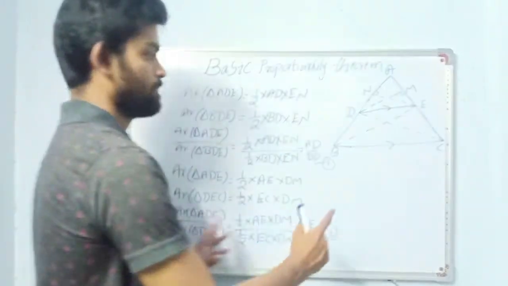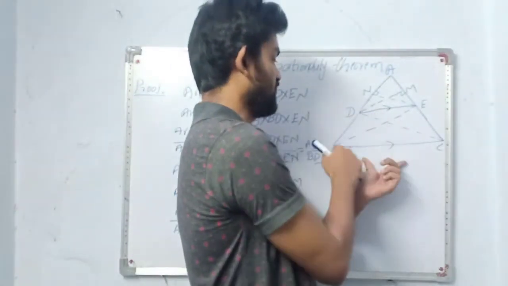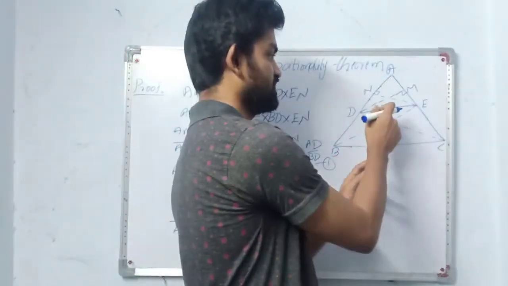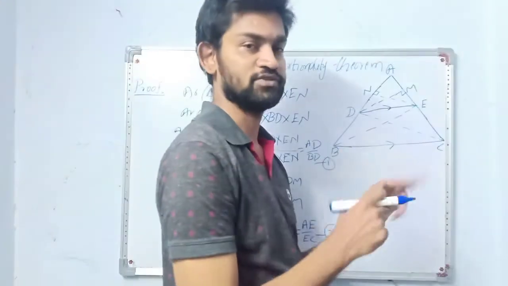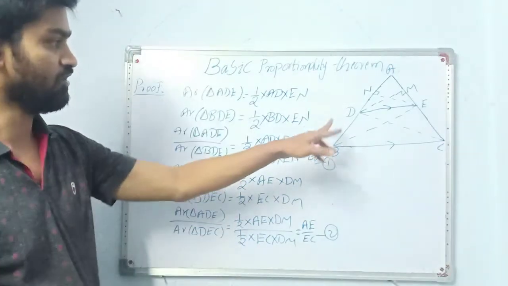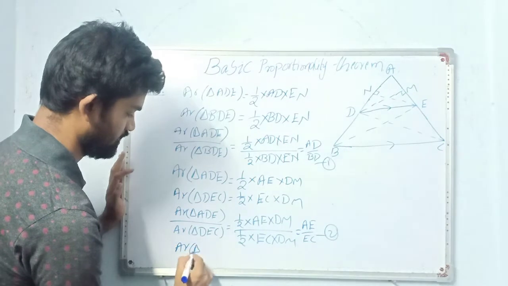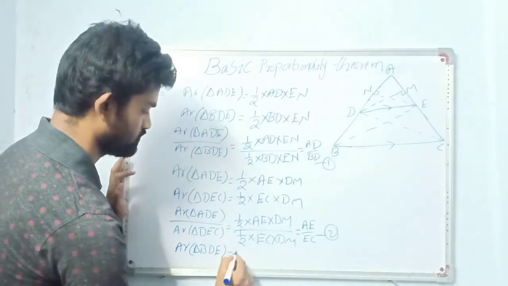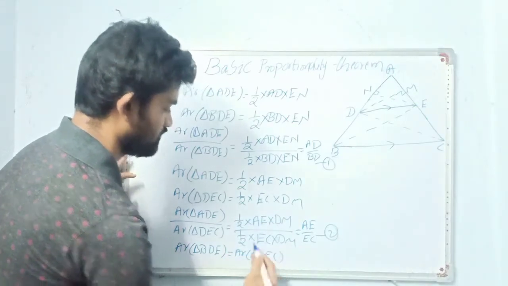See here, this triangle BDE and triangle DEC are lying between two parallel lines and they have a common base, DE. So their areas are equal. So area of triangle BDE is equal to area of triangle DEC.